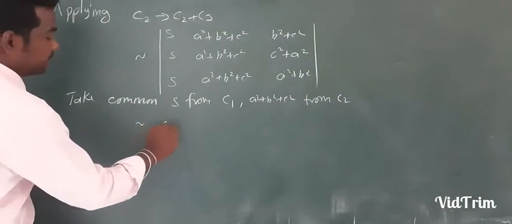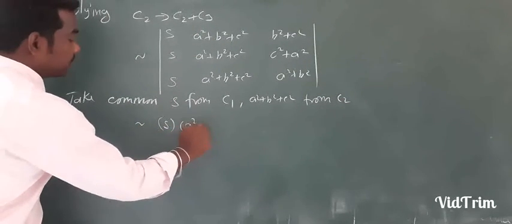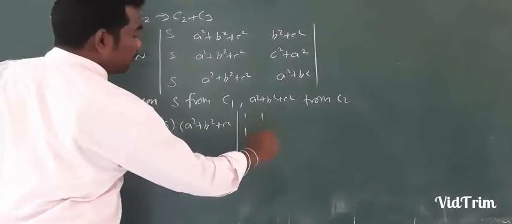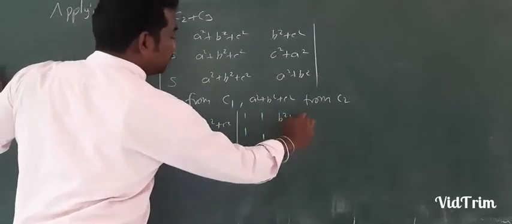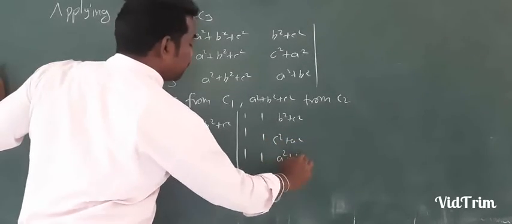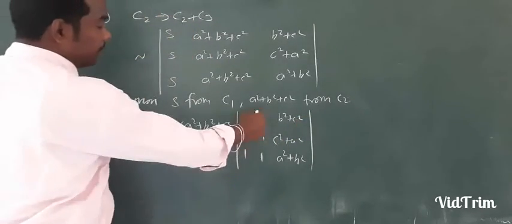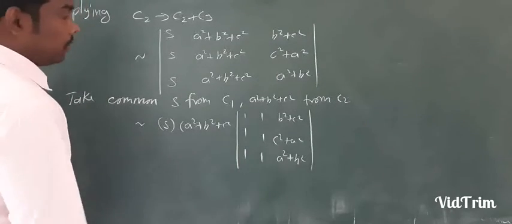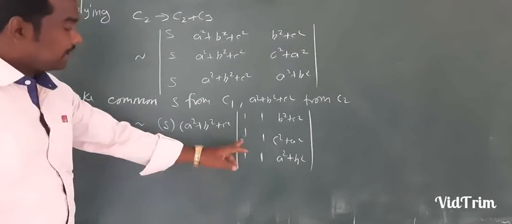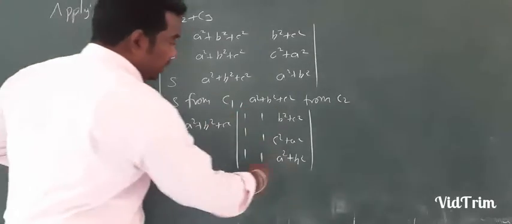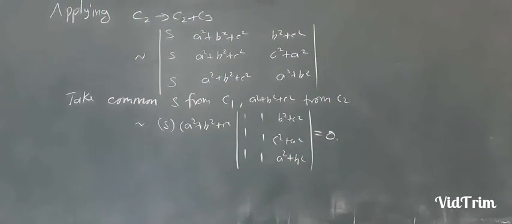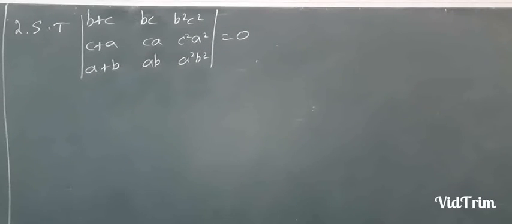So the remainder is S into a square plus b square plus c square, then 1, b square plus c square, c square plus a square, and a square plus b square. Already I told you, if 2 rows or 2 columns have the same value, the determinant will be 0. So the entire term will be 0. Hence we proved the right answer. That's all the answer. Question number 2.